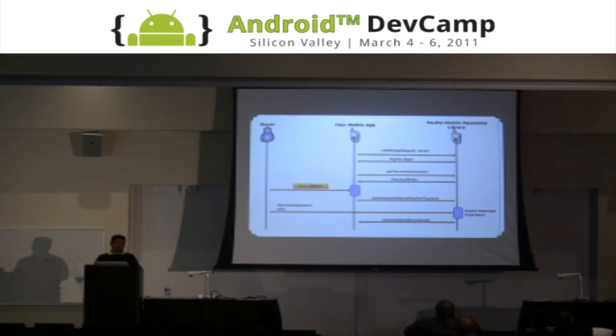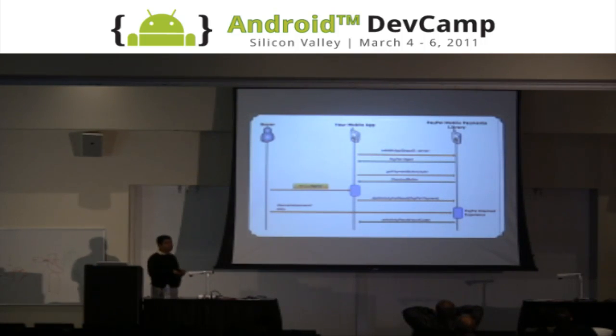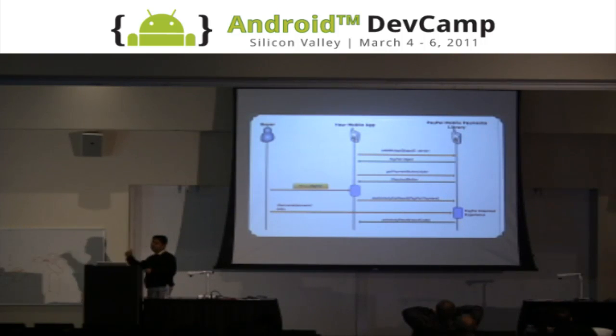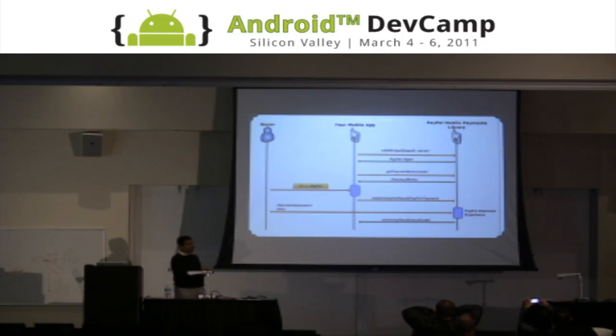You can use a sandbox server for testing initially, and then once you init the library, PayPal will return an object back to your code, and you should call that only once. It's a singleton class. If you try to call it multiple times, you'll get an exception in your code, and all this information is documented very well in the developer guide for MPL.